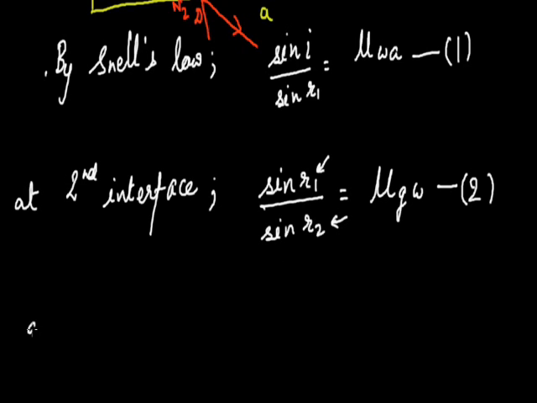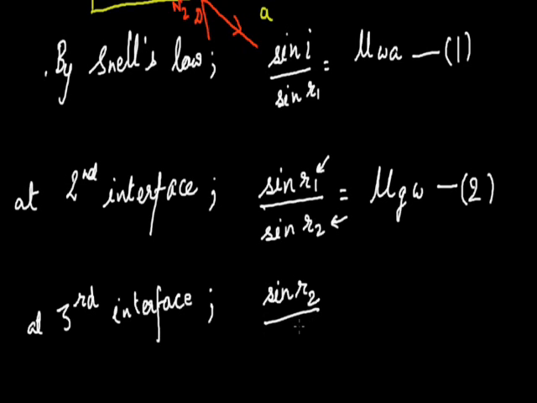Now, at the third interface, when the ray CD falls on the interface between the glass and the air media, we can apply Snell's law again, and here the angle of incidence is R2.